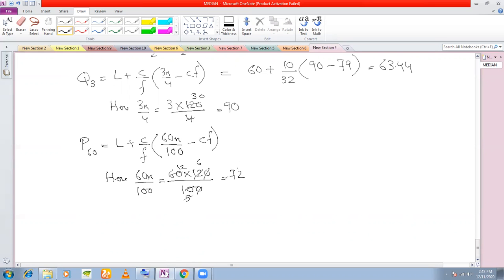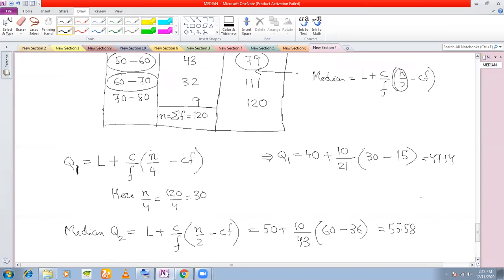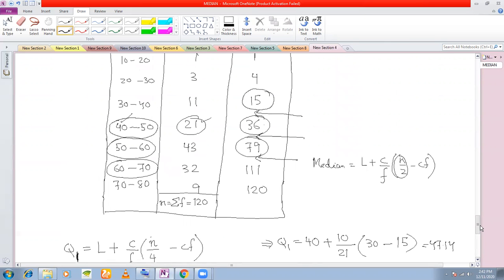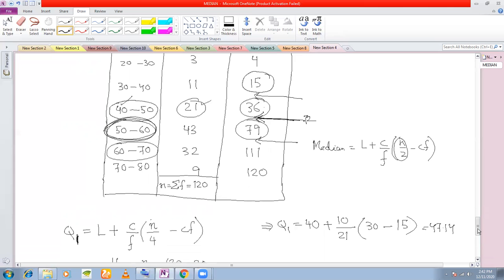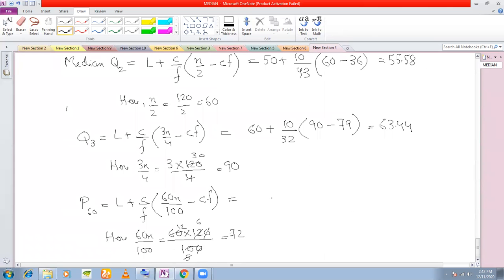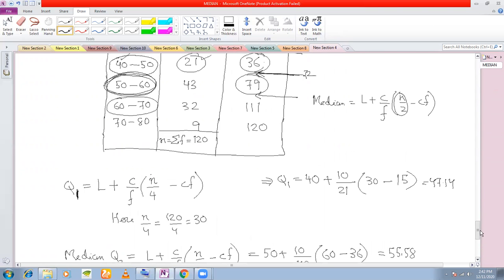So now which class should we consider? 72 means we are considering 50 to 60, this one, because 72 lies somewhere over here. So this is 50 lower limit plus class width divided by frequency.